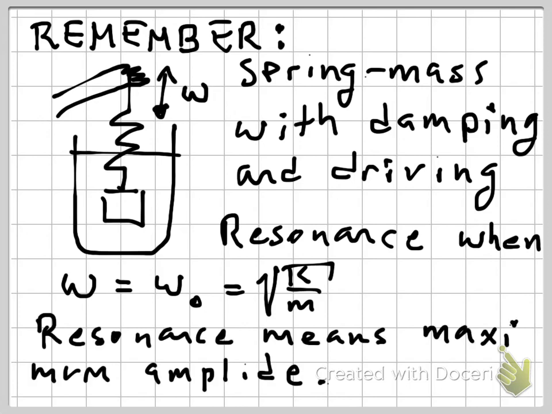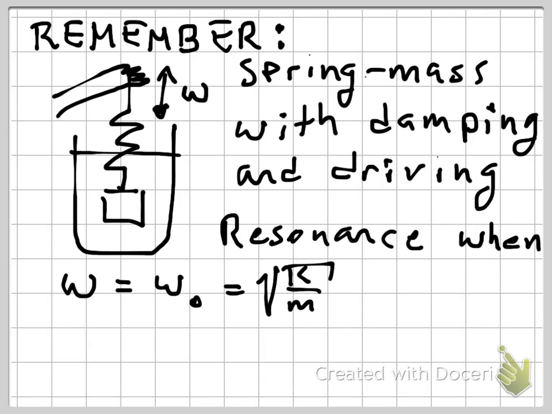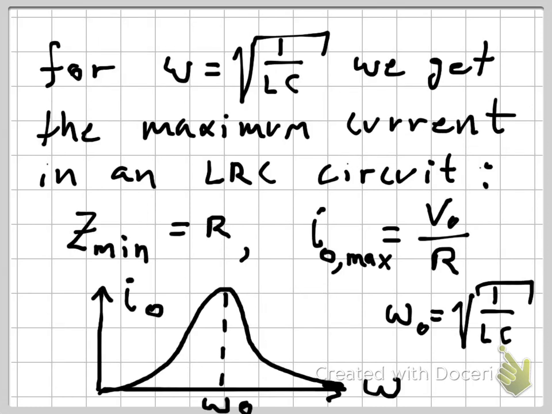So when the driving is applied at this particular angular frequency, the amplitude becomes large. So in the circuit that we have, with the capacitor, inductor, and resistor, when the applied voltage, the AC source, has a frequency that matches the natural frequency of the LC circuit, then we have maximum current flowing in the circuit.